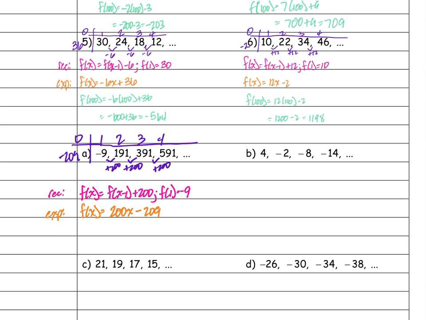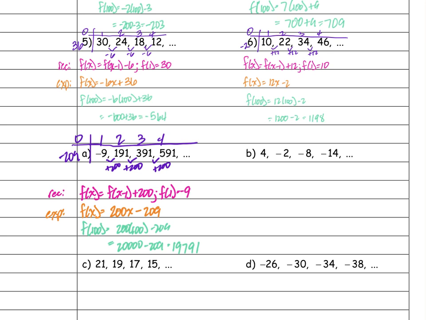So f of 100 is going to be 200 times 100 minus 209, which is 20,000 minus 209: 19,791. Okay. Beautiful.